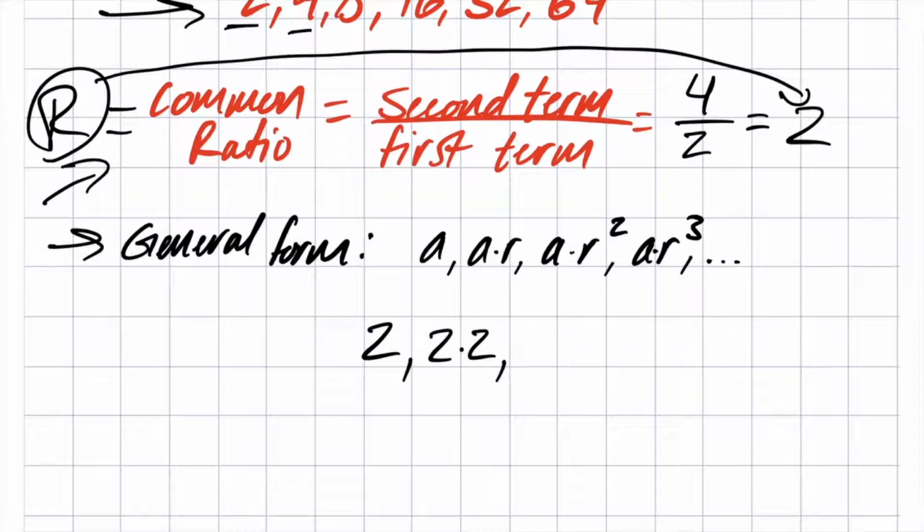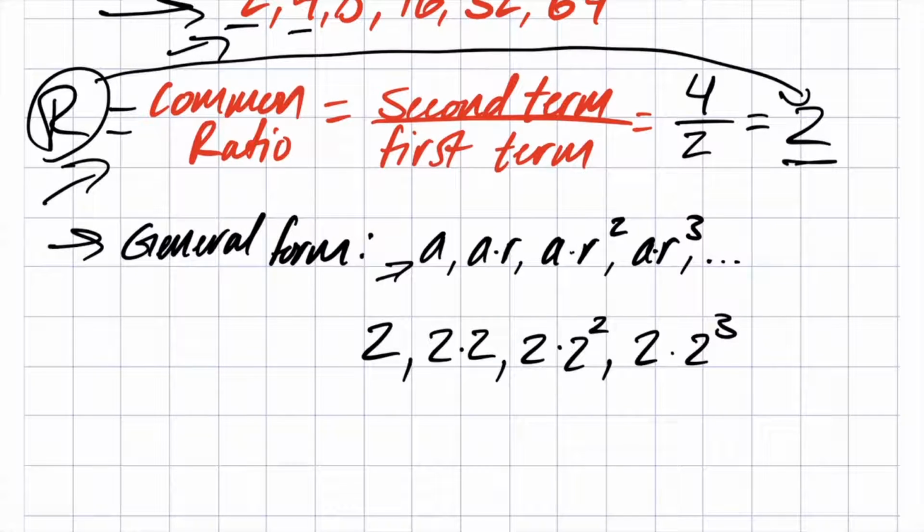Well, A is still 2 because A is the first term. Okay? 2 times R squared. Well, we said R already is 2. So 2 squared. 2 times 2 cubed. Okay?